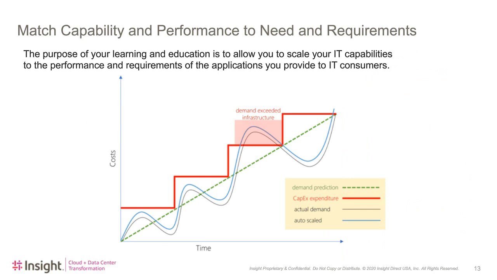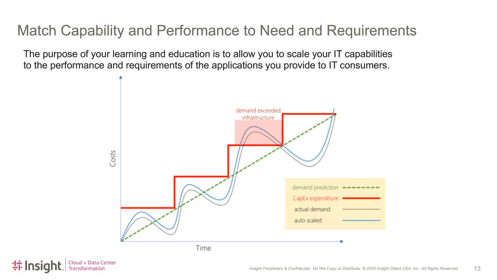I mentioned a little earlier about matching the capability and performance of applications, and here's what that means. If you look as we go right over time, costs increase, and the red line is normal CapEx expenditures. Every 3 to 5 years, you have to buy new infrastructure, or if you exceed your capacity, you have to buy additional infrastructure out of band with your normal renewal cycle.